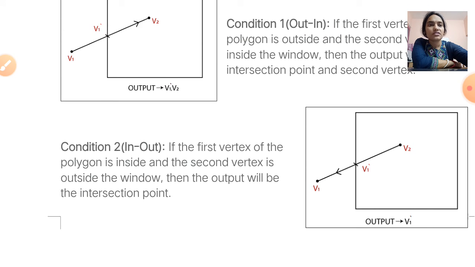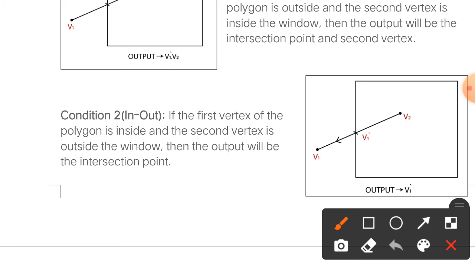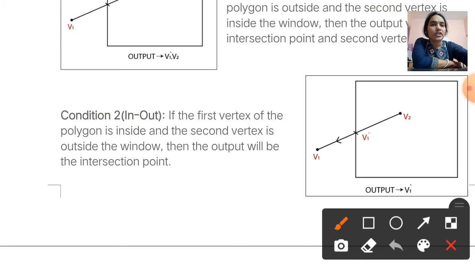Now let us discuss the second condition, the in-out condition. If the first vertex of the polygon is inside, this one V2, and the second vertex is outside the window, this one V1, then the output will be only the intersection point.